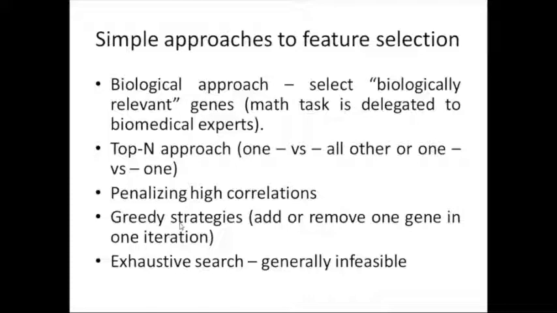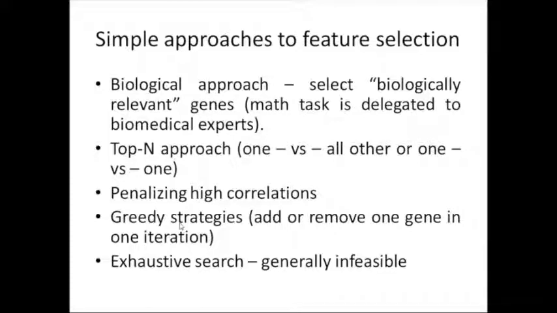A simple mathematical approach is to simply select the top n genes. If we have two classes, we can perform standard differential expression analysis, for example, and select the first 10, the first 20, 50 genes as genes that will be used in the gene signature that is constructed. If there are more than two classes, one can use the one versus all approach.